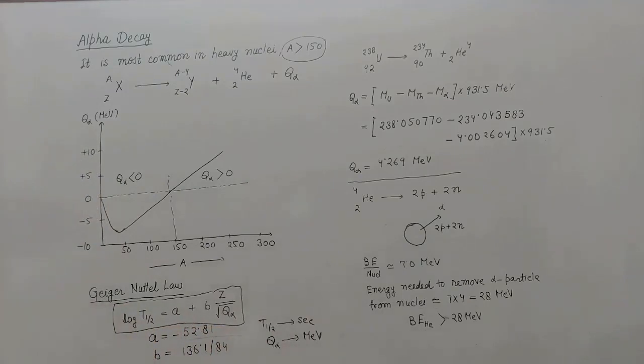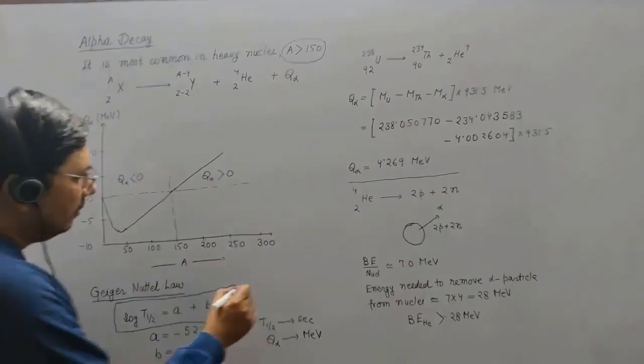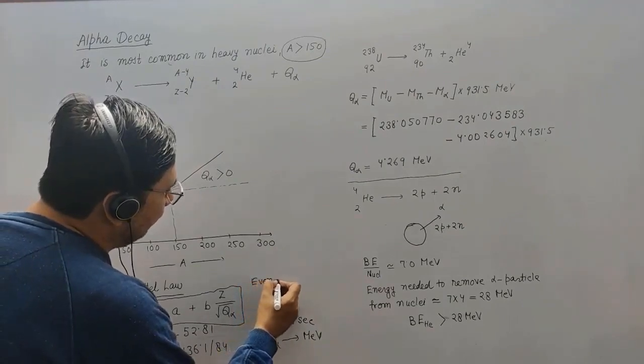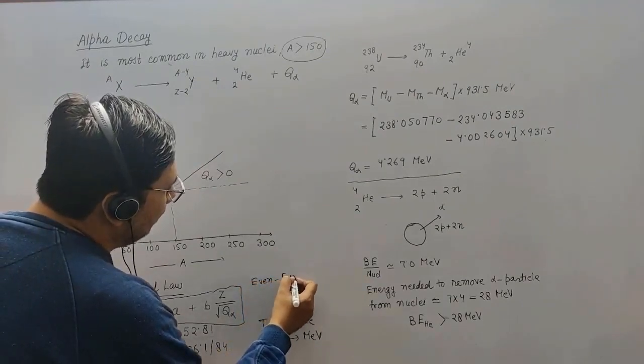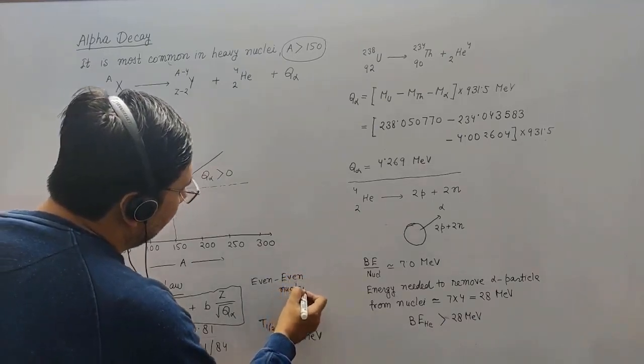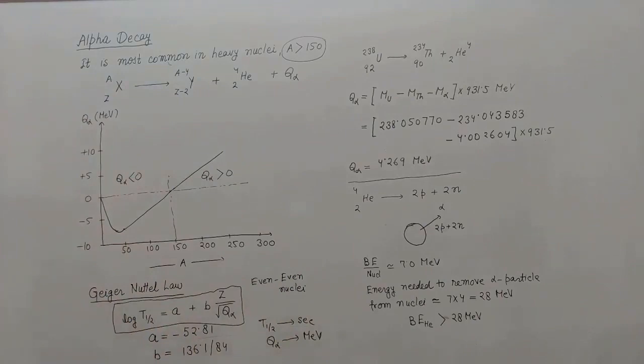This was for even nuclei. They observed this type of relation for even nuclei. So this relation was found experimentally by Geiger and Nuttall.